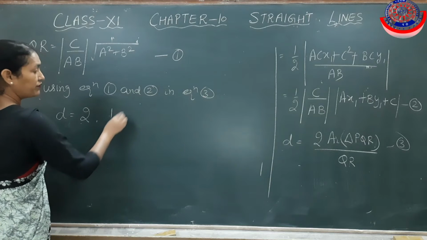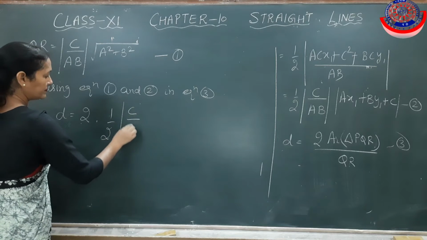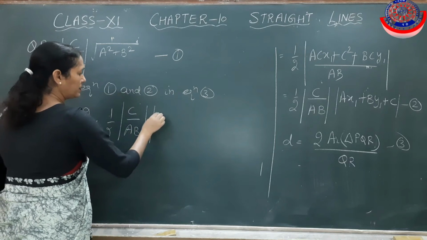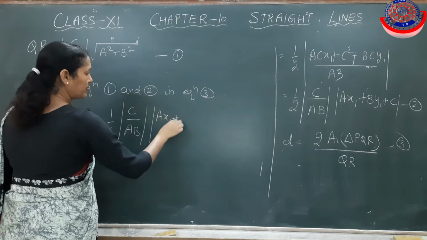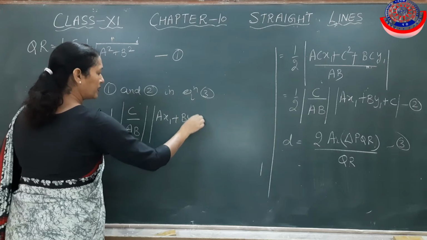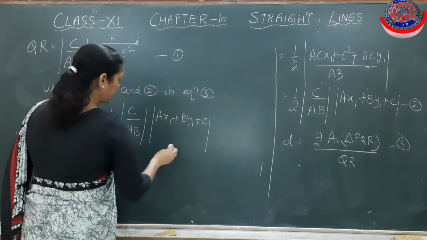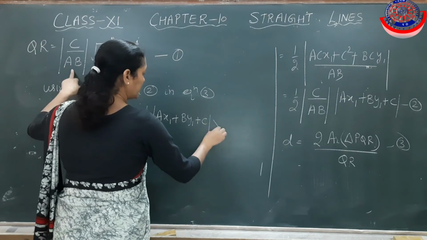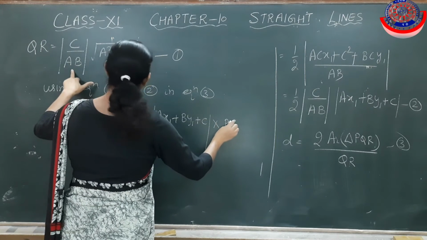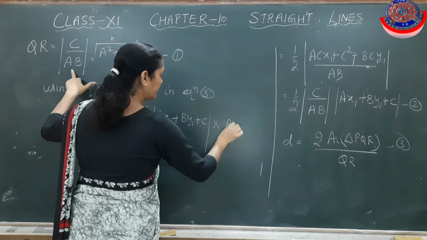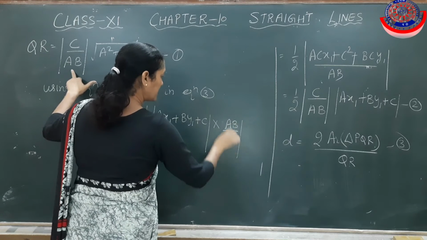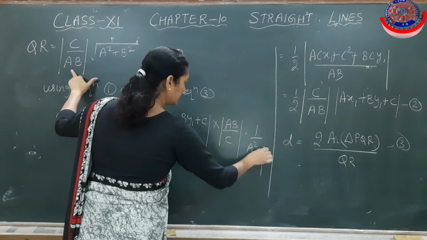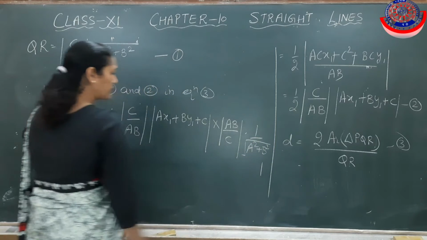Area is half, C upon AB, and AX1 plus BY1 plus C upon this much, the value of base. So that will be AB upon C and 1 upon under root A square plus B square.